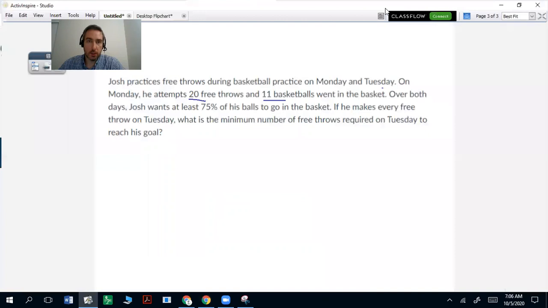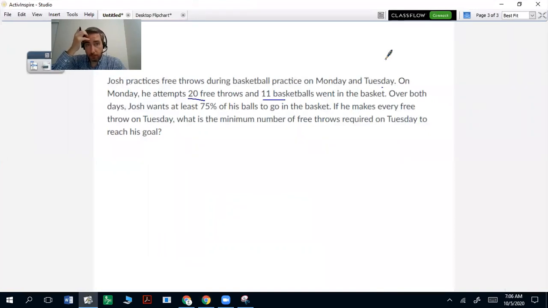Now, the question says, over both days, Josh wants at least 75% of his balls to go in the basket. If he makes every free throw on Tuesday, what's the minimum number of free throws required on Tuesday to reach his goal? So what he wants to do is keep shooting balls until that percentage jumps up to 75.